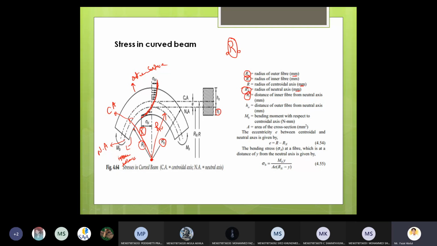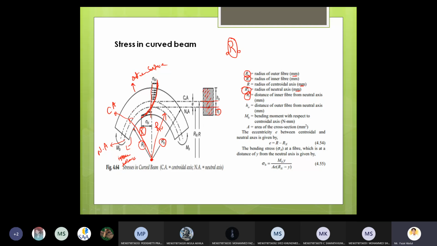And hi is small h with suffix i. Hi is the distance from the inner fiber to the neutral axis. If we cut this section here, the cross-sectional area is represented here, and in this cross-sectional area, the neutral axis passes just above the inner surface.